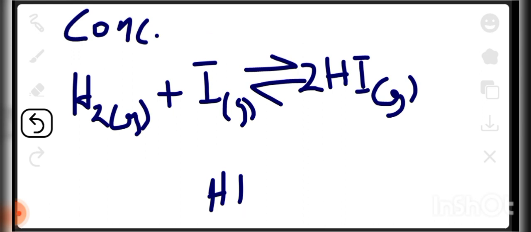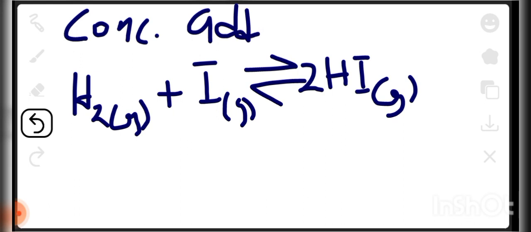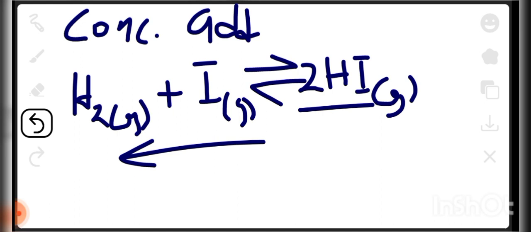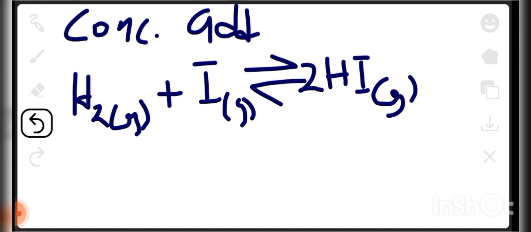So for adding, let me just say this, then I'm done with this. Please just try and get it once and for all. Now let me just say this last thing. Let's discuss adding. If you add product, the equilibrium position will shift to the reactant. If you add reactant, the equilibrium position will shift to the product.